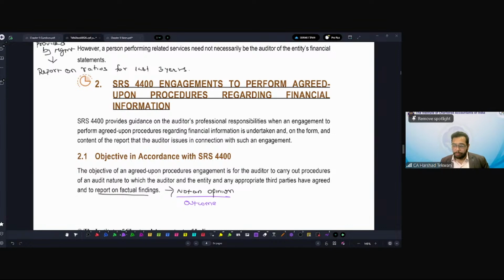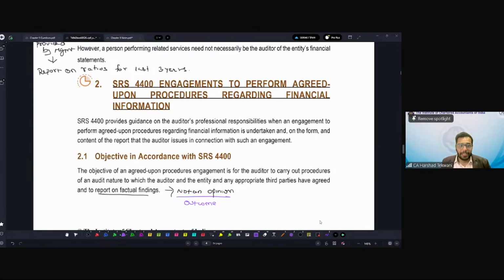You can interchangeably use practitioner also. The standard itself clarifies that the term auditor does not mean the person who has audited the financial statements. It refers to a person who is going to perform these procedures.